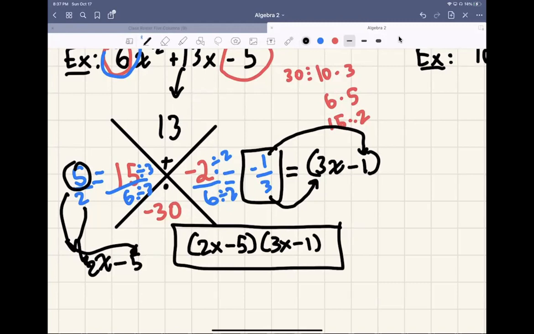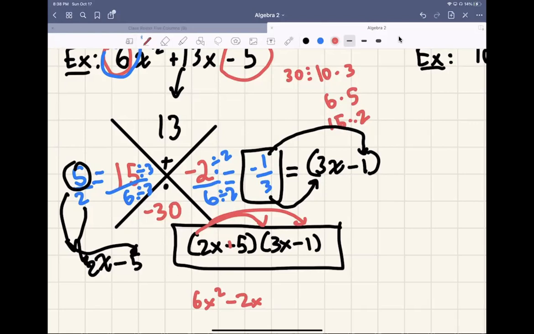So if you distribute, you can always check your answer. 2 times 3 is 6x squared, minus 2x, plus, oops, this should be a plus 5, guys, because this is a positive number.